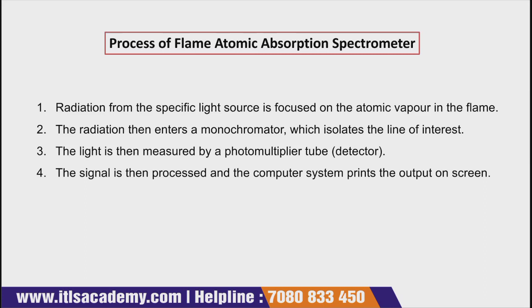At a high temperature, the flame atomizes the sample, and the concentration of the element of interest is determined by using the spectrophotometer as the detector to measure the absorbance of the sample at its specific wavelength.